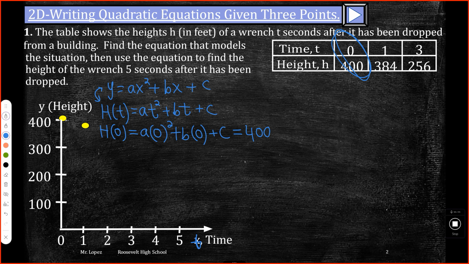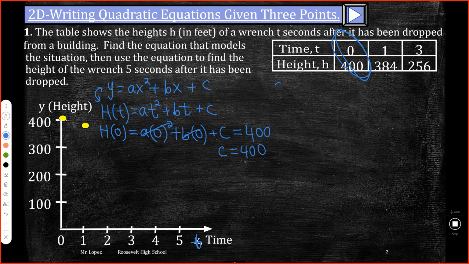And now we're going to do some mathematics. What is 0 squared? And what's 0 times a? What is 0 times b? So 0 plus c is actually c, and c is 400. We have figured out what c is.